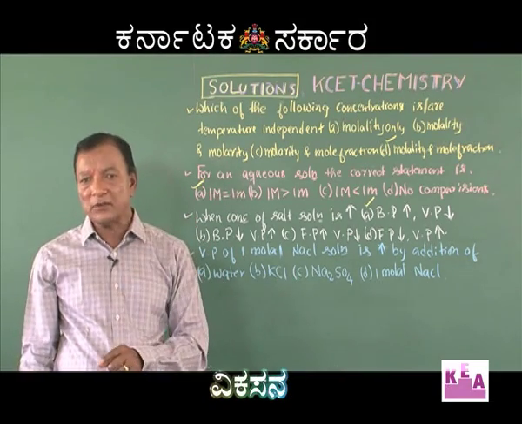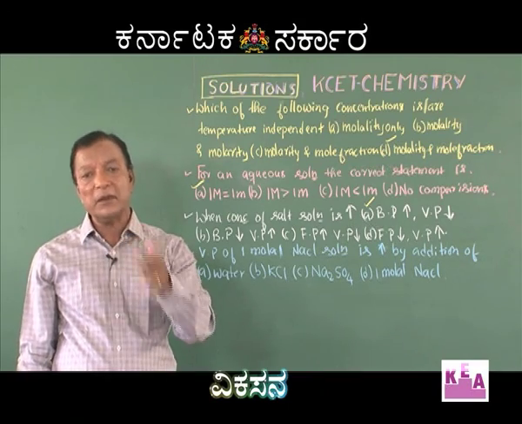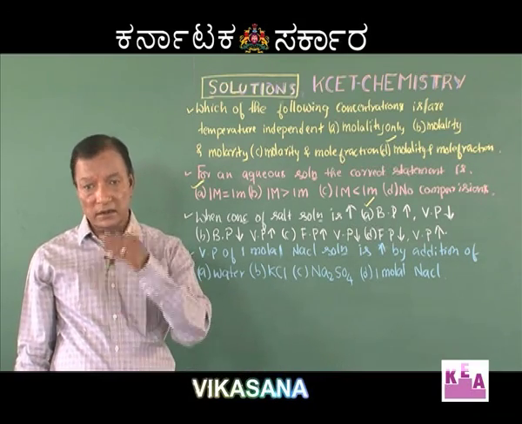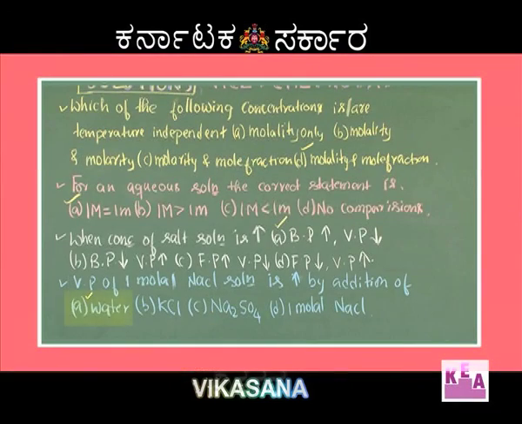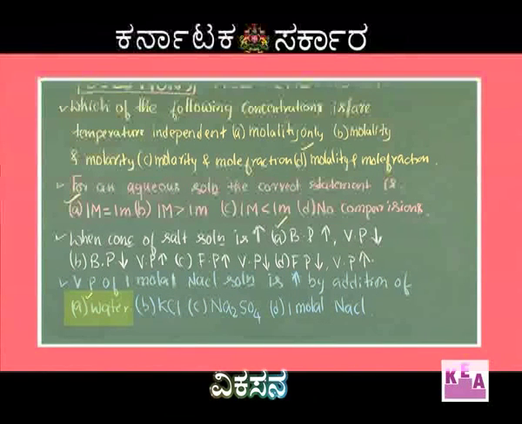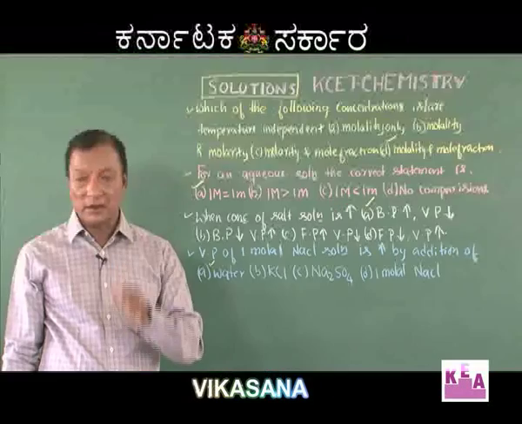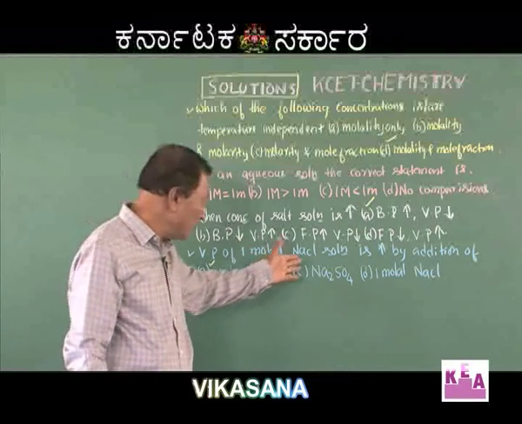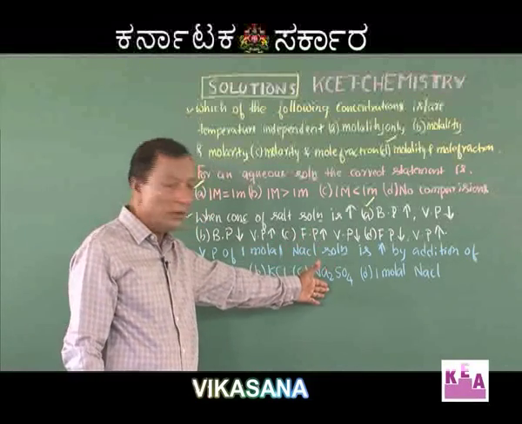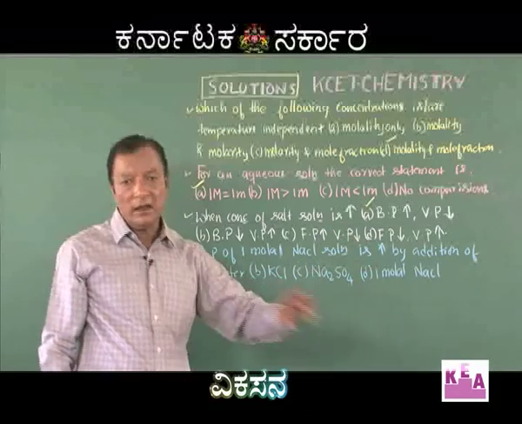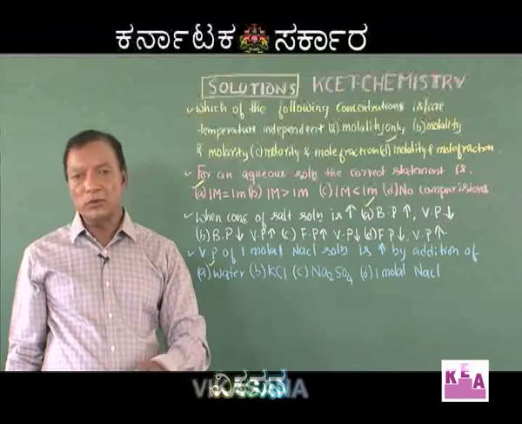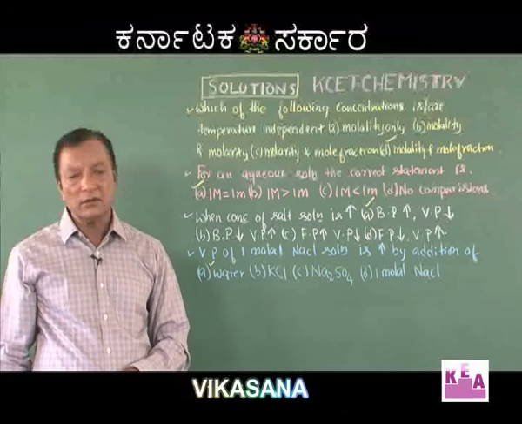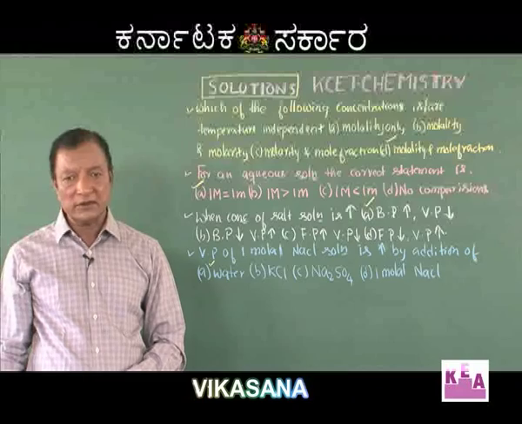As the mole fraction of the solvent increases, the vapor pressure of this water in the solution will definitely increase. Hence, option number 1 can increase the vapor pressure of the 1 molal NaCl solution. Adding solutes like potassium chloride or sodium sulfate, or adding the same solution to make the volume more, doesn't have any effect over the vapor pressure of that solution.